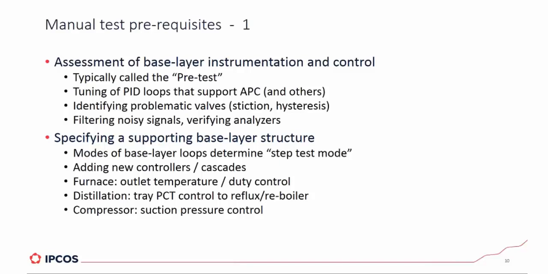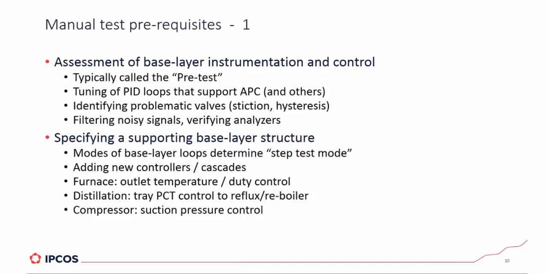Let's talk about the prerequisites for a typical manual step test. The first phase in our APC projects is typically an assessment of the base layer instrumentation and control. We typically call that the pre-test. This means tuning of all PID loops that support the APC and also other loops that play a role in our APC scope.